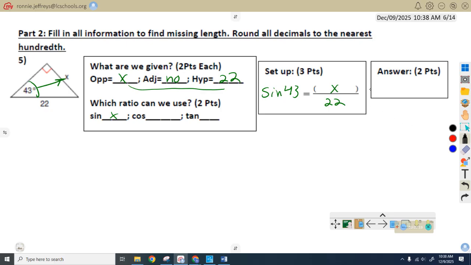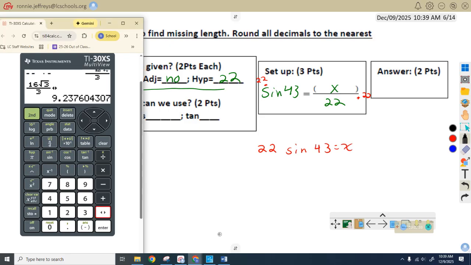All right. Now, remember, because we had some people that just kind of fell asleep with their eyes open earlier today. They're like, how'd you get this over here? So, 22 sine 43. Oh, it's in the wrong thing. That was not right.